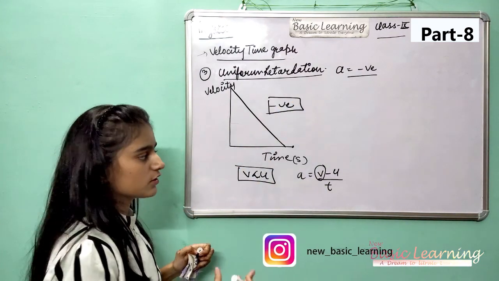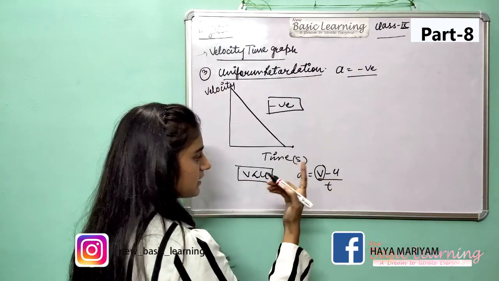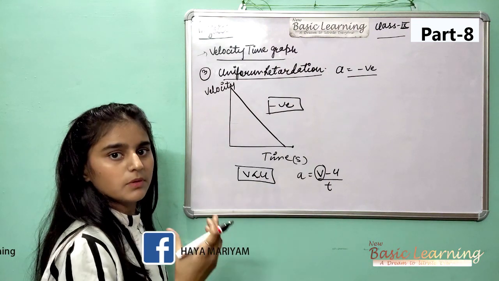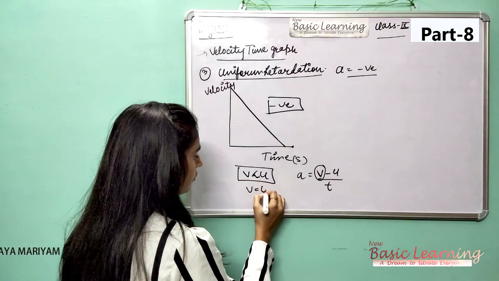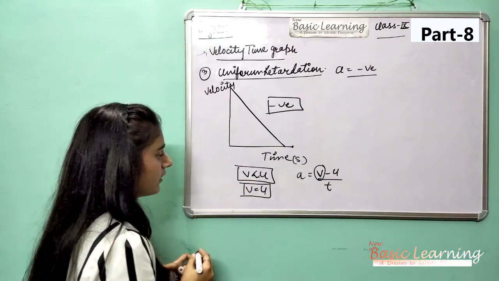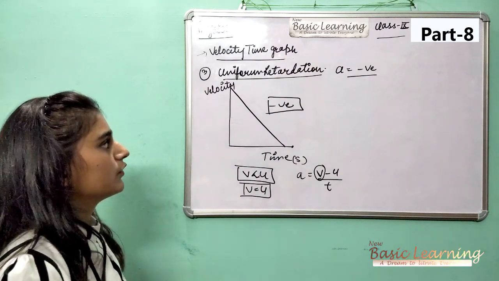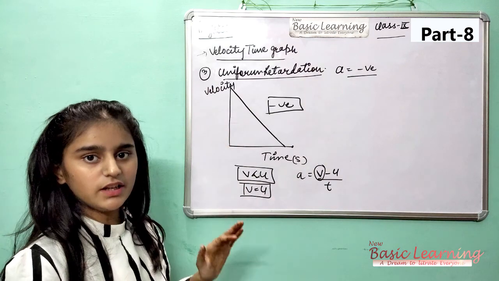When the final velocity is greater, it is uniform acceleration. And when v and u are always the same, the condition is uniform velocity. So this was about the velocity time graph.